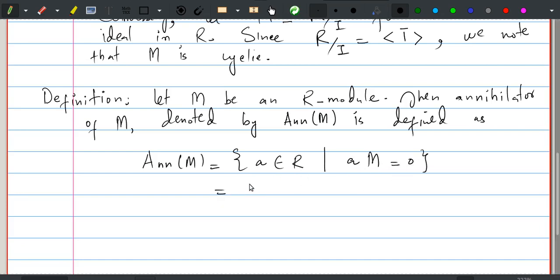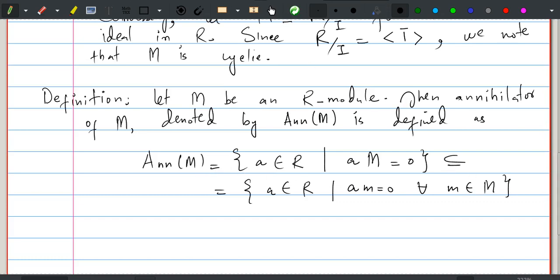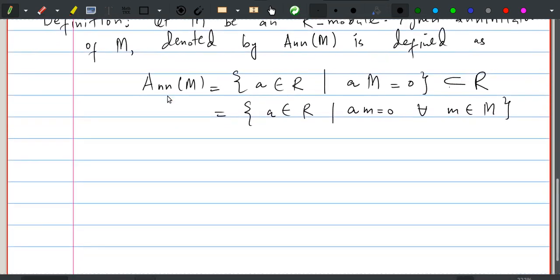This is the same as all those elements r in R such that rm is 0 for all m in M. So this set consists of all those elements in R which kill this module M. Now it is a trivial exercise to prove that this annihilator of M is actually an ideal of R.